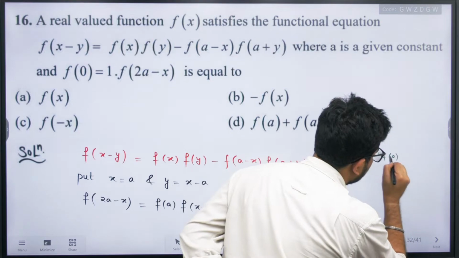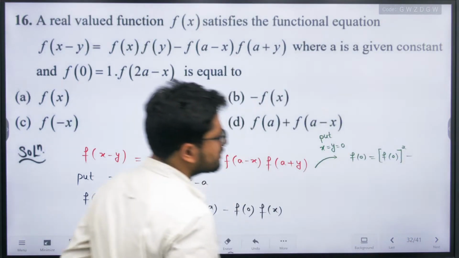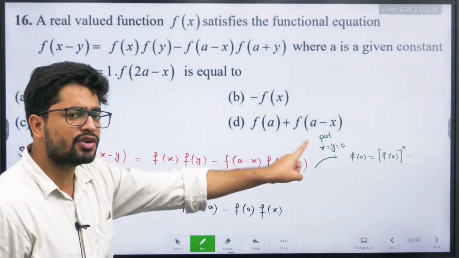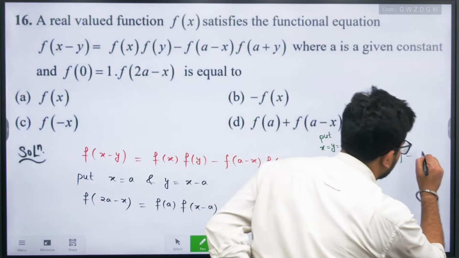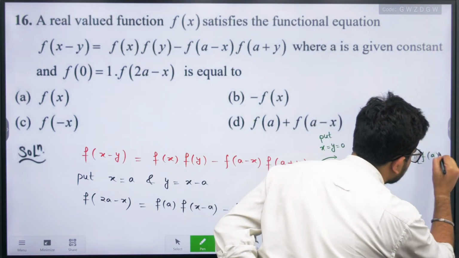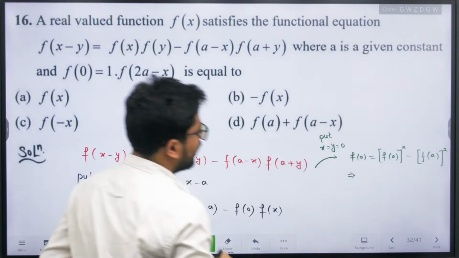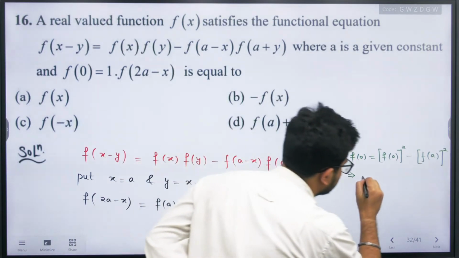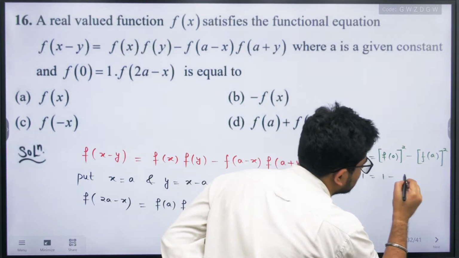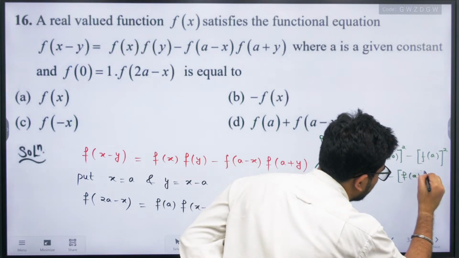Minus f of a minus 0 is f(a), f of a plus 0 is f(a), that is minus f(a) square. Now clearly we know f(0) is 1. So this thing is 1 is equal to 1 square, which is 1, minus f(a) whole square.